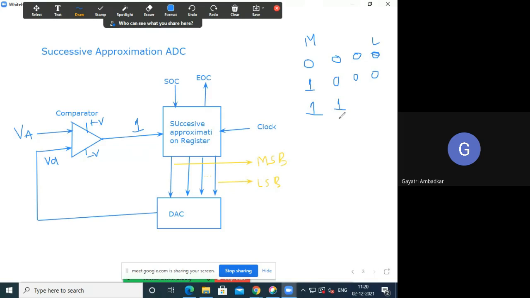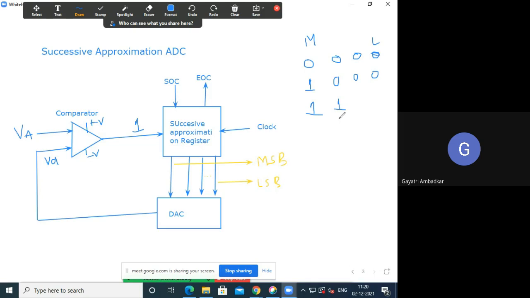In the next clock pulse, suppose it again receives 1, it will keep its previously set MSB the same and make the next MSB 1. But suppose it receives low at the second clock pulse. What does it do?